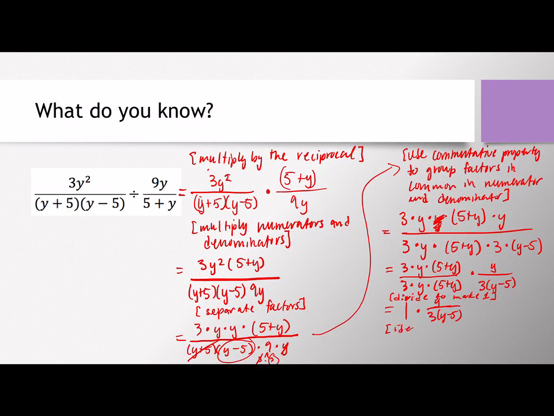And then I'm going to use the identity property of multiplication so that I can do just 1 times anything is itself, right? Okay, and that's my answer here. Can't simplify anymore.